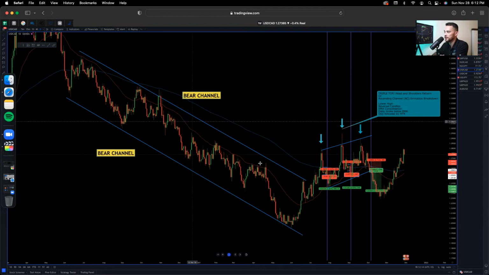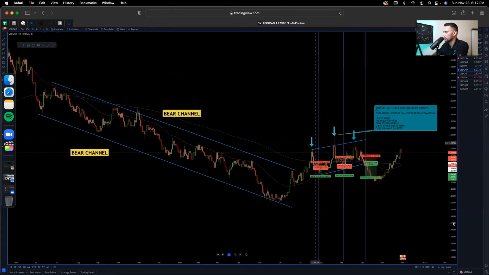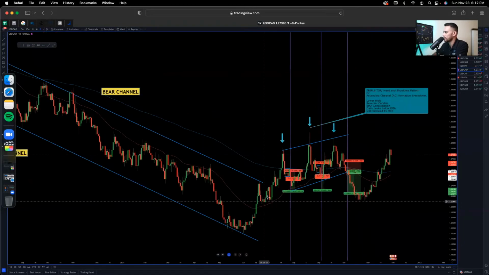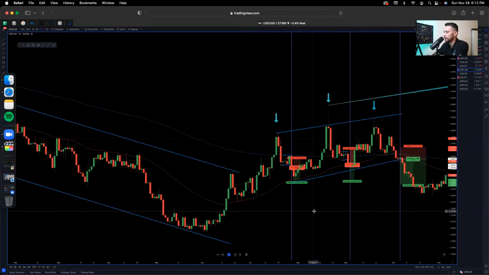First thing I'm noticing is price is in an overall bear channel or bear trend. Price broke out above both EMAs, broke out of this pattern here, and began to show some bullish momentum. However, if we look back to the left, price action overall was in a bear trend.